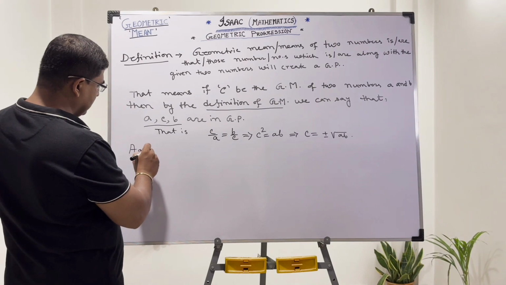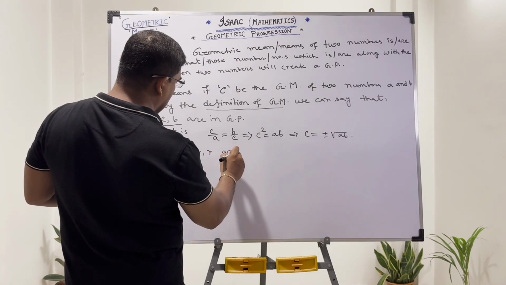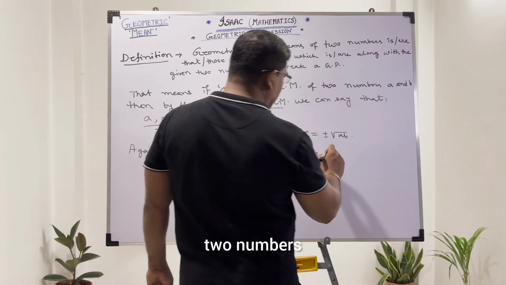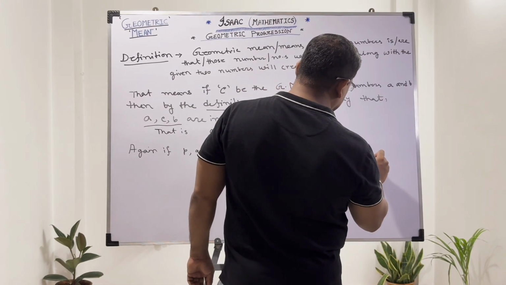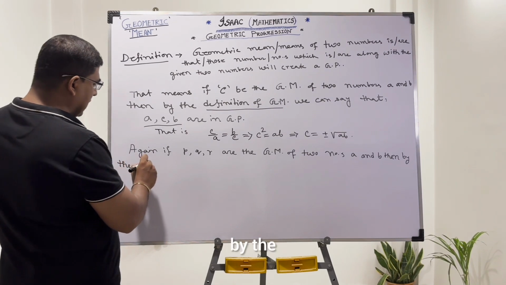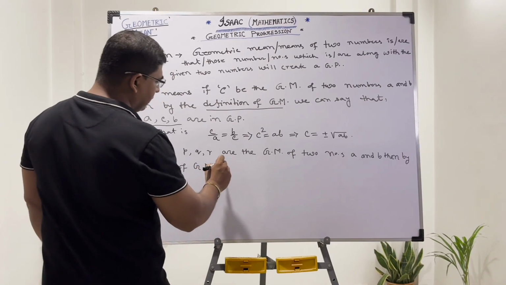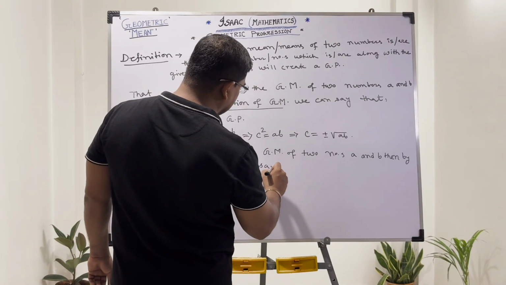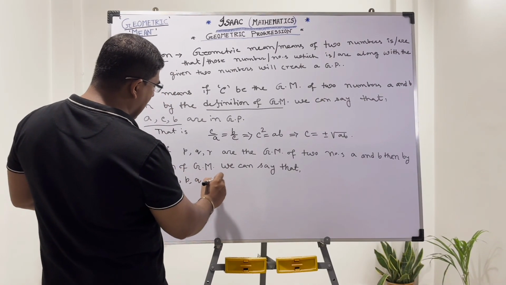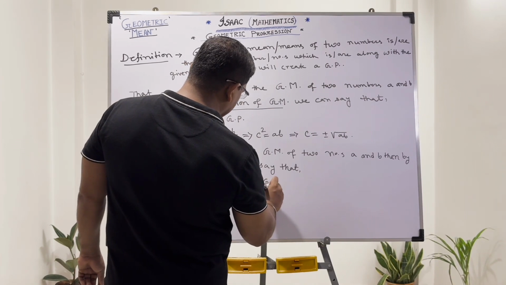Okay, again if P, Q, R are the geometric means of two numbers A and B, then by the definition of geometric mean we can say that A, P, Q, R, B are in GP.